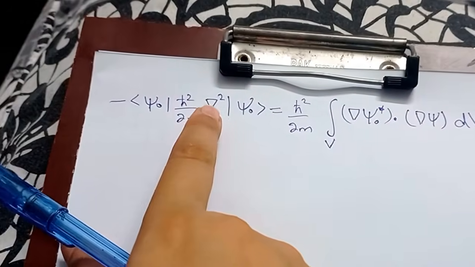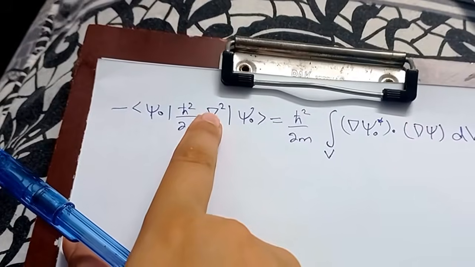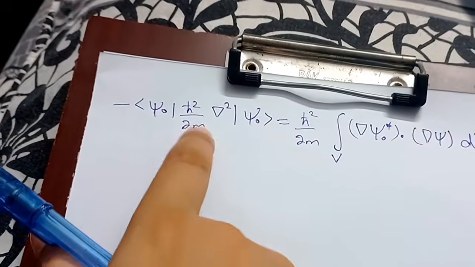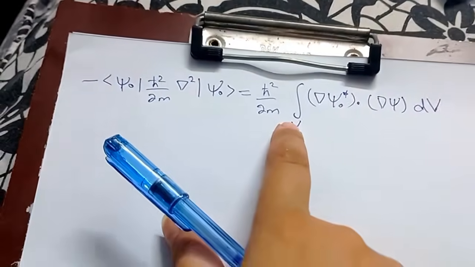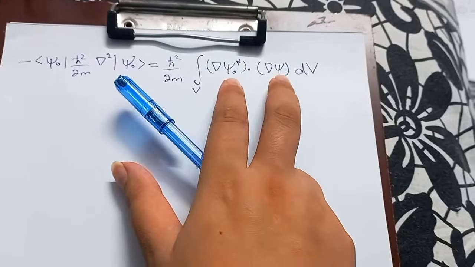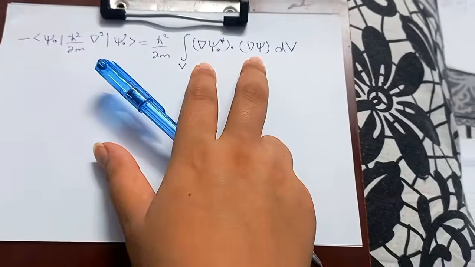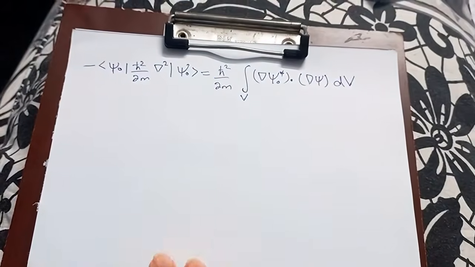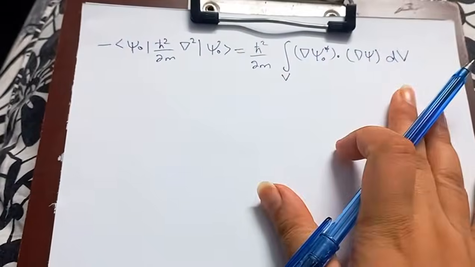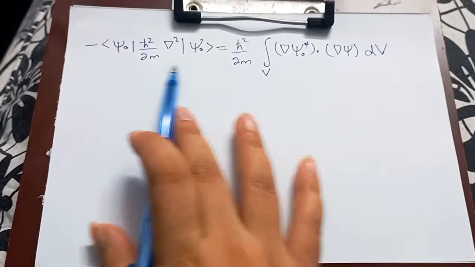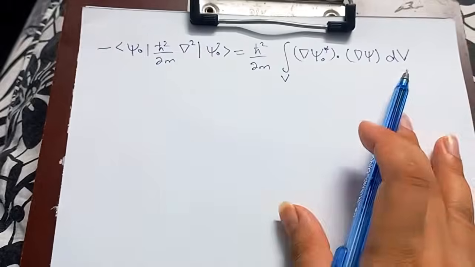So h cut square by 2m is taken outside of the integral, then this integral comes in, and we have written them as a dot product, and it's really easy to calculate. This will help us yield the result really easily. So we'll use this formula. You can remember it. I hope you got the formula.